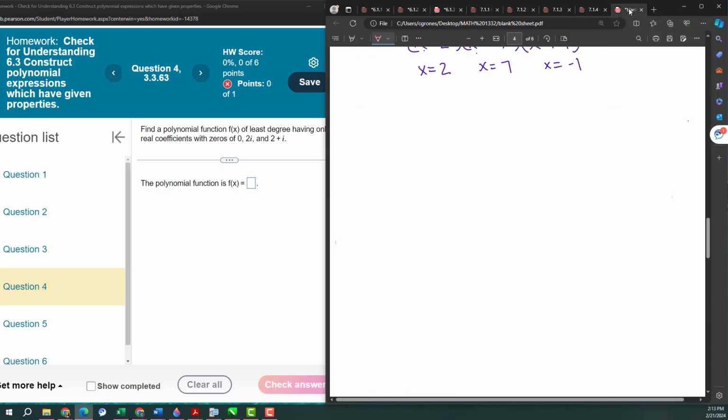So let's get our notes. So this is 6.3, number 4, and our zeros are 0, 2i, and 2 plus i. So that means that we have x equals 0, x equals 2i, and x equals 2 plus i.